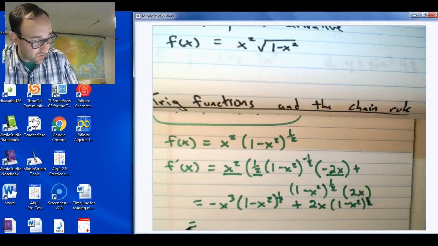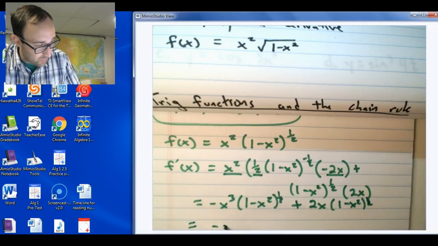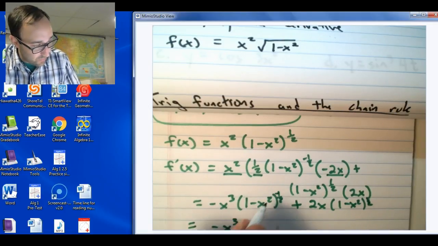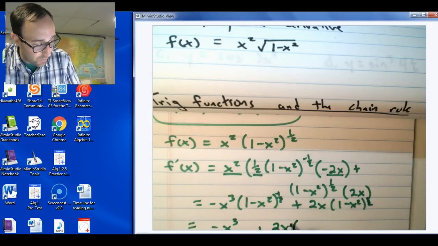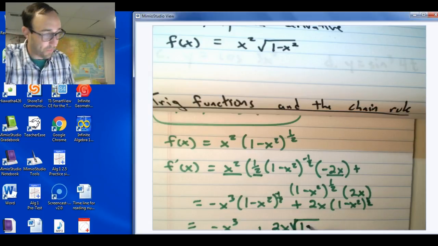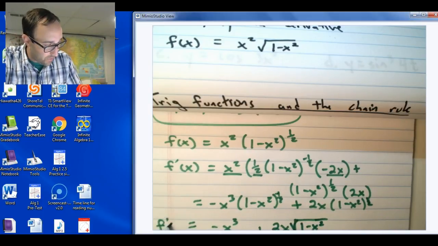We can rewrite this a little bit nicer: negative x cubed over the square root of 1 minus x squared, plus 2x times the square root of 1 minus x squared. All right, and so that is our f prime of x.